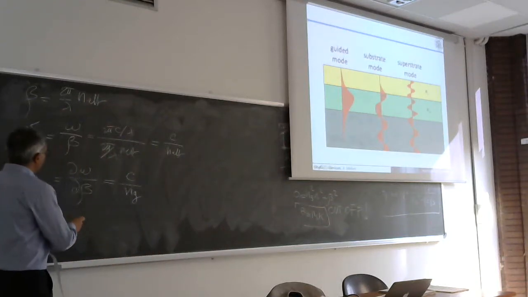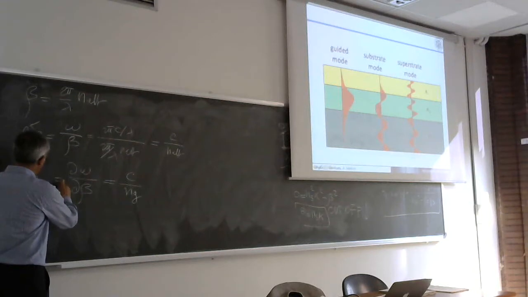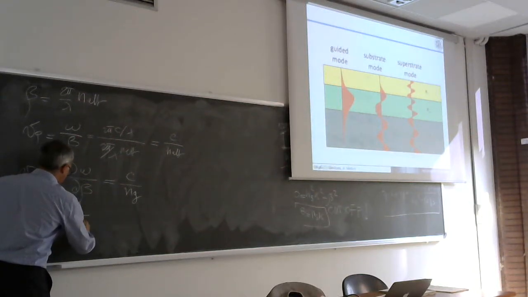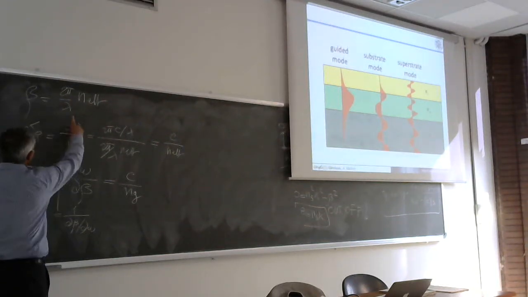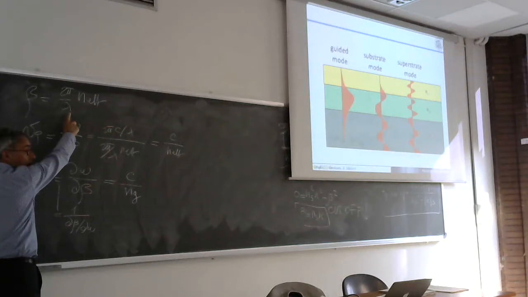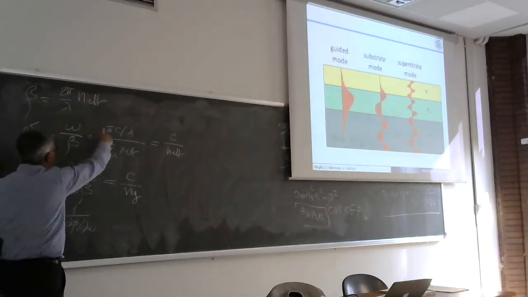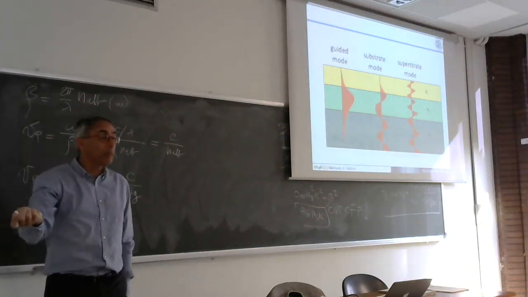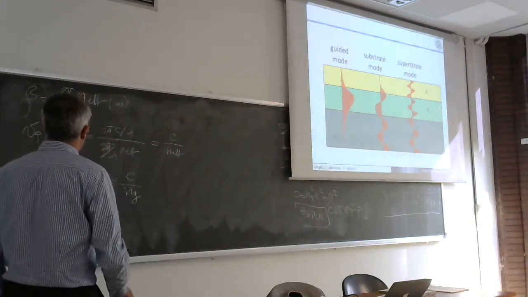And if you do some calculation, it's better to write the group velocity as 1 over the derivative of beta with respect to omega. You have the expression of beta, so you can derive beta with respect to omega. The effective index depends on the frequency, because the material depends on the frequency, because the solution depends on the frequency.